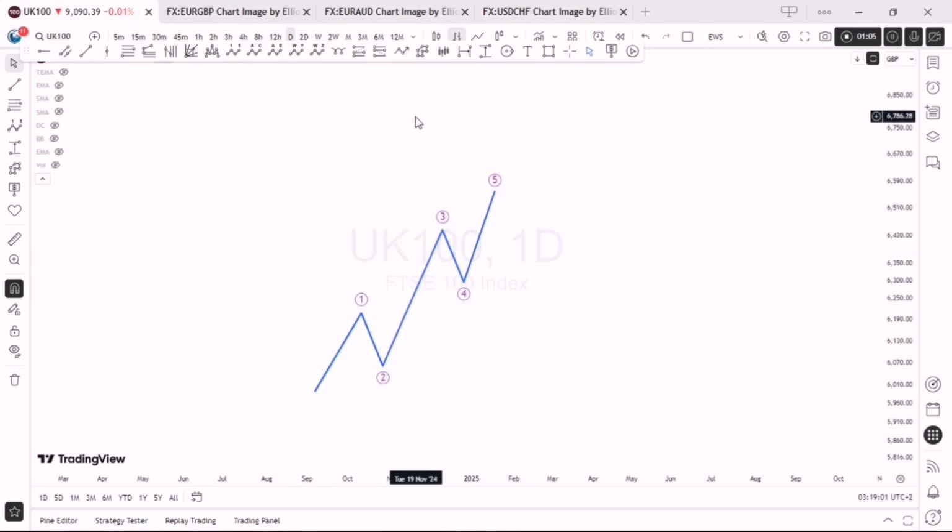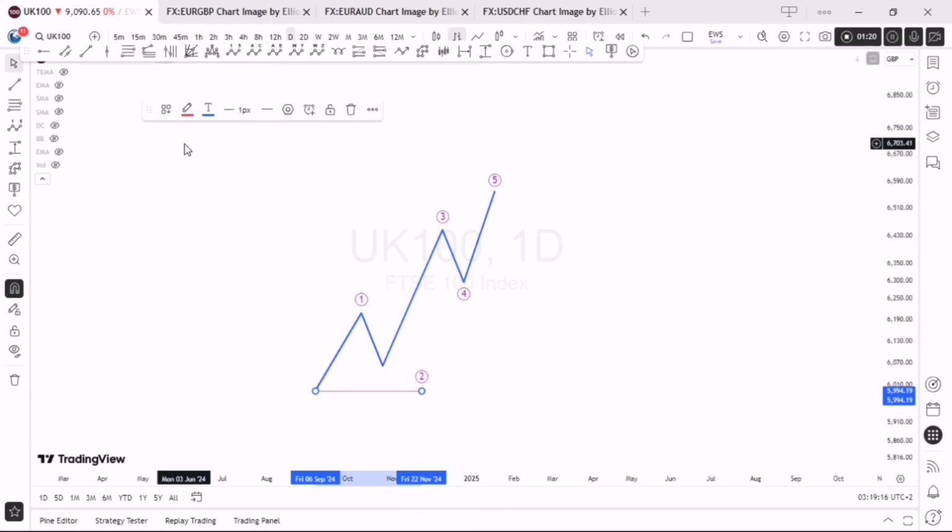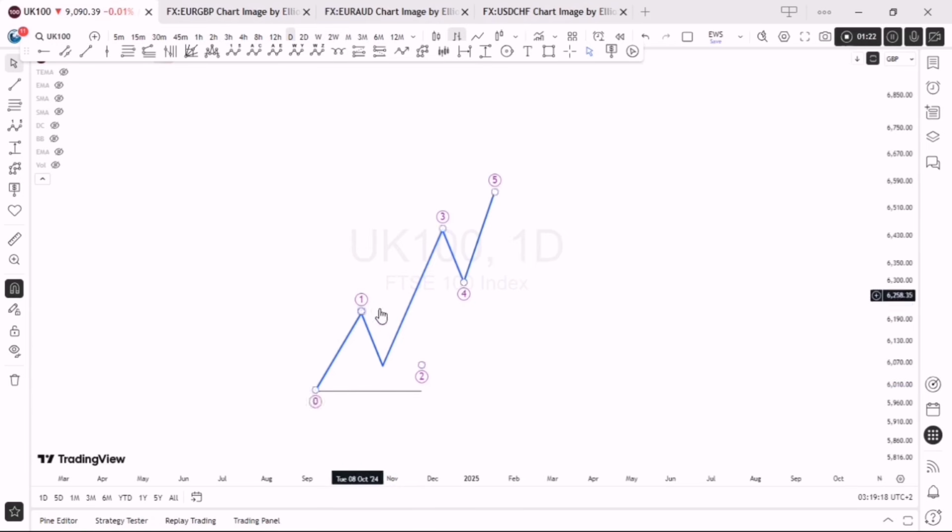So the rules that Elliott discussed were that wave 2 right here, which is this leg, cannot retrace more than 100% of wave 1 right here. So what does that mean? Let me choose a different color. That means if this is wave 2, it can retrace up to there, down to there, but not down to there.